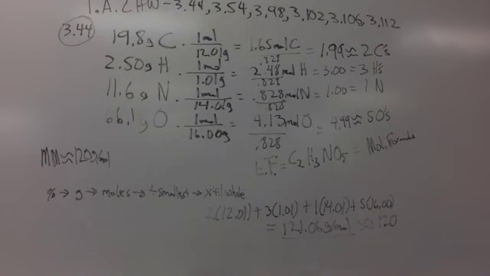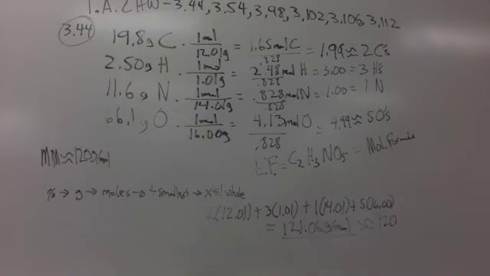Okay, so I'm ready to wrap up the problem now. I found my empirical formula to be C2H3NO5. I add up the molar mass of that chemical formula: 2 times 12.01 for carbon, 3 times 1.01 for hydrogen, 14.01 for nitrogen, and 5 times 16 for oxygen. I get 121.06 grams per mole.